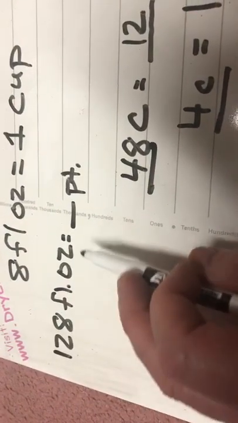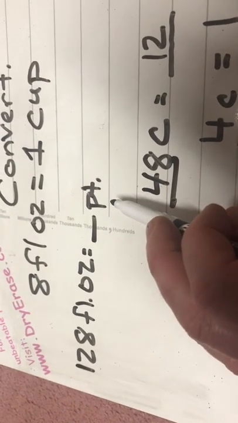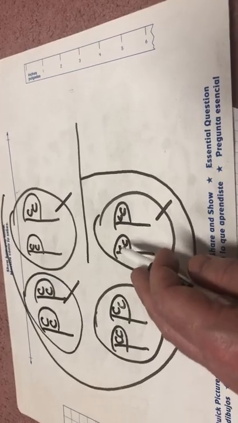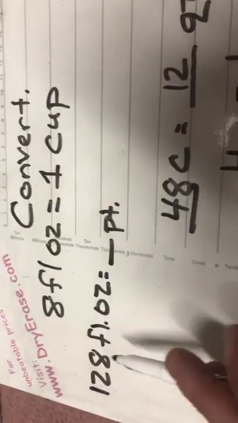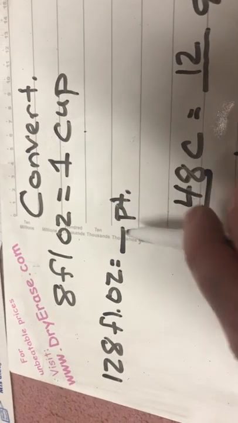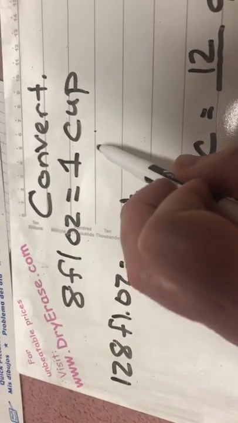But I'm going from fluid ounces to pints, okay? And so, since I know from my chart that I go from cups to pints, I'm going to have to take my fluid ounces, turn it into cups, and then turn it into pints. Now it says that 8 fluid ounces equals 1 cup.